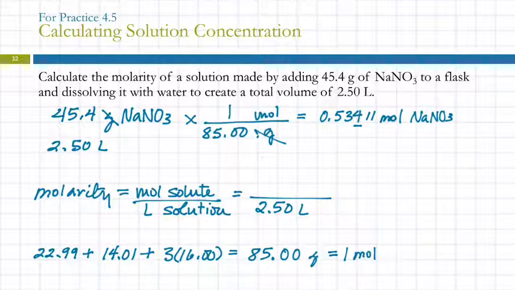If that was going to be a final answer, I'd round it off. But it's not. I'm going to use that in a calculation, so I'm going to bring those 2 extra digits along. We don't have to write down all the digits, just 2 extras. So I'll bring this in here, 0.534, underlining that to remind myself. Moles. So we got 0.53411 divided by 2.5.